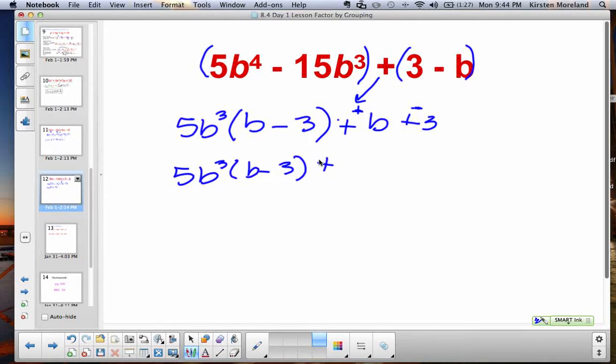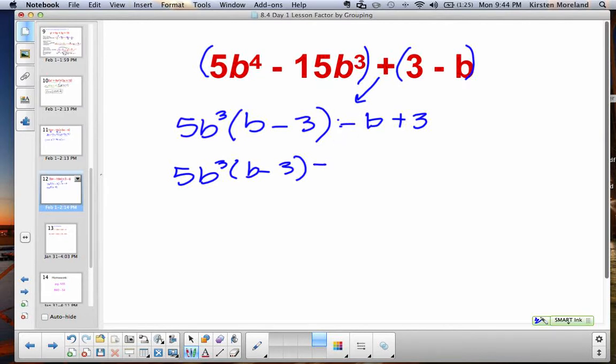plus, hold on, let's rewrite that. So we rearrange it as negative b plus 3.